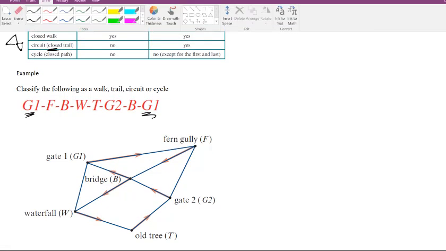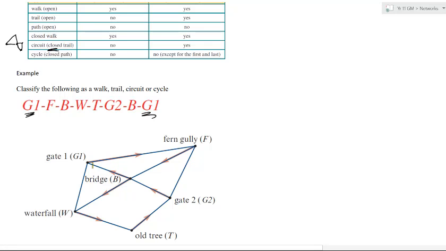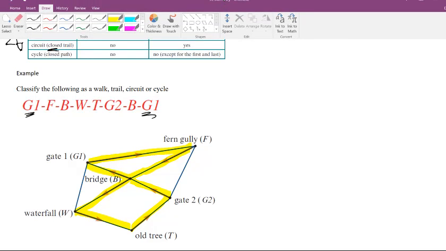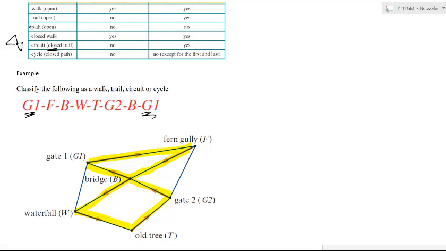Now we're going from G to B to W to T to G to B to G. Have we repeated any vertices or edges?